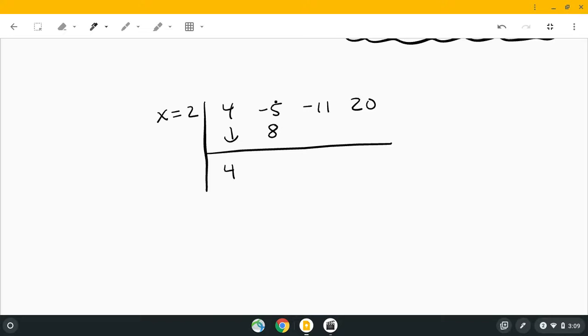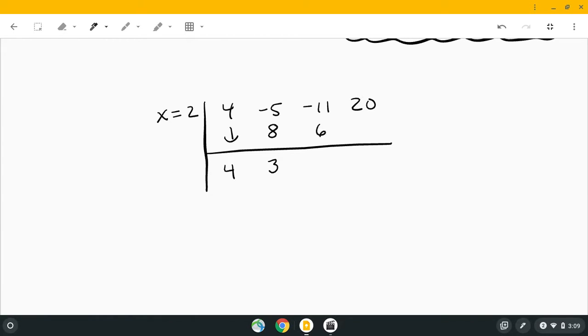Then what we do here is combine these. Unlike long division, where we were always subtracting, here we're not subtracting. We're just going to add these together, -5 and +8. So here we get 3. Then I repeat the process. I take this 3, multiply it by this outside number, and I put the answer underneath the next column.